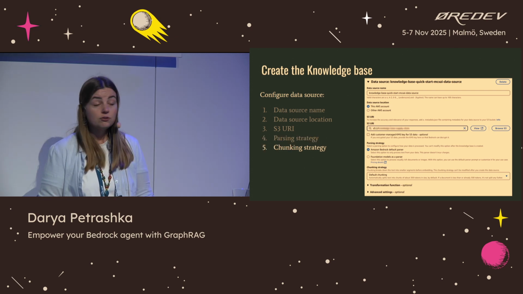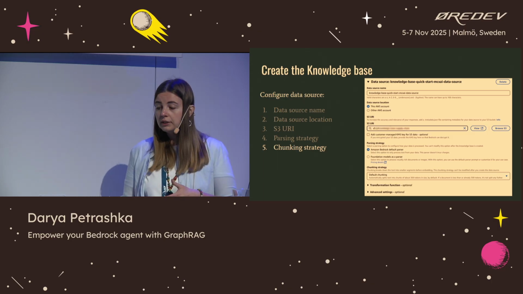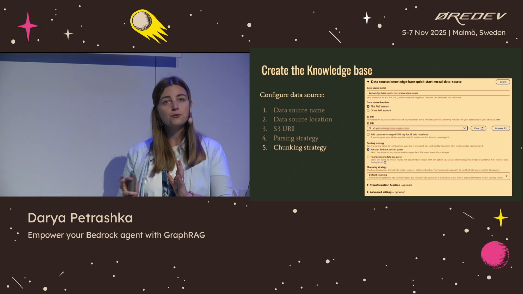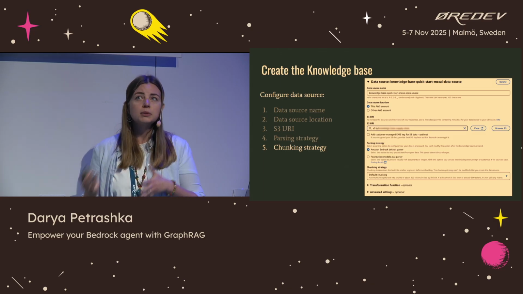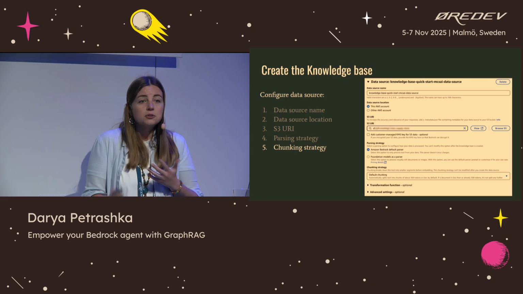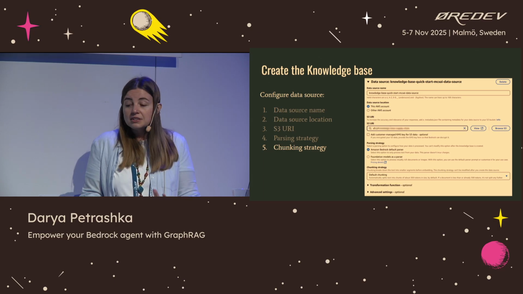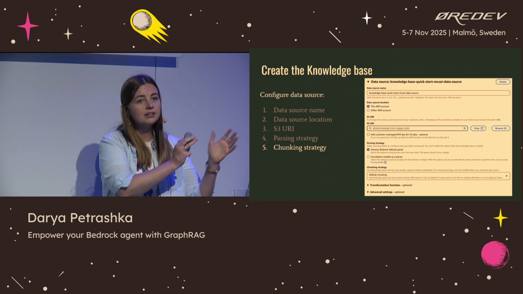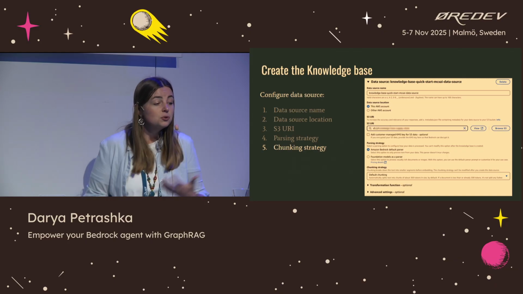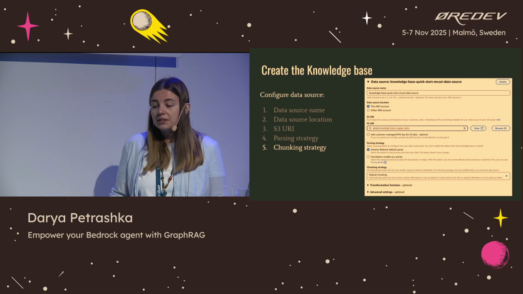And finally, there is a chunking strategy, the default one is around 300 tokens, but there is an option for hierarchical chunking, semantic chunking, your own custom chunking, or even no chunking if your documents are already nicely chunked and you don't want to split them further.